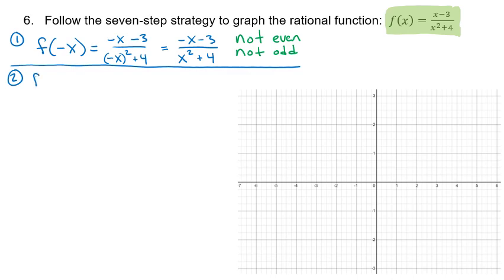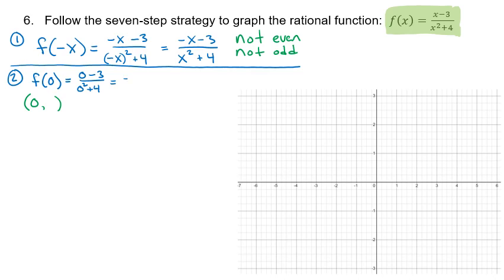Okay, what is the y-intercept? Plug in 0 for x. Here's half of the point. What is the other half of that point? When x is 0, we get 0 minus 3 on top and 0 squared plus 4 on the bottom.